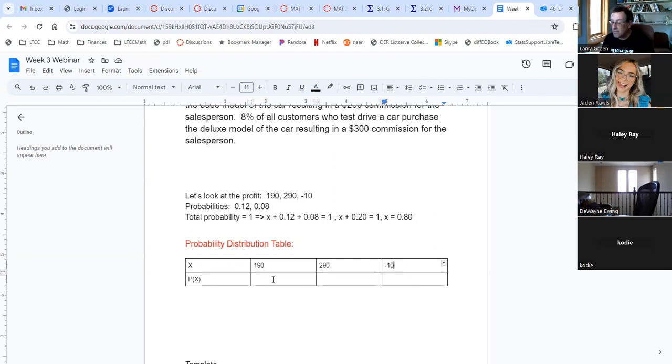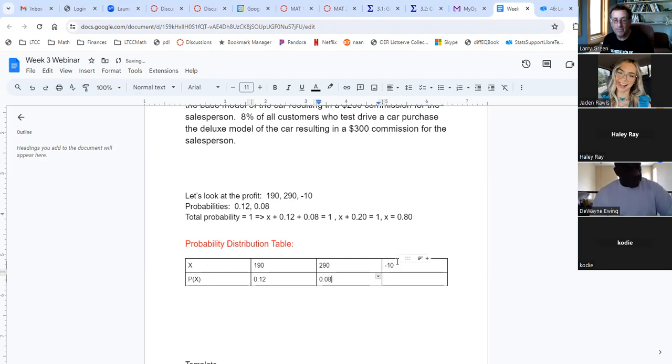Okay, then we have to write down what P of X is. That's the probability of each of these things happening. The probability of a profit of 190 was 0.12, so I'm going to put in 0.12. The probability of a profit of 290 was 0.08. So under 290, 0.08.